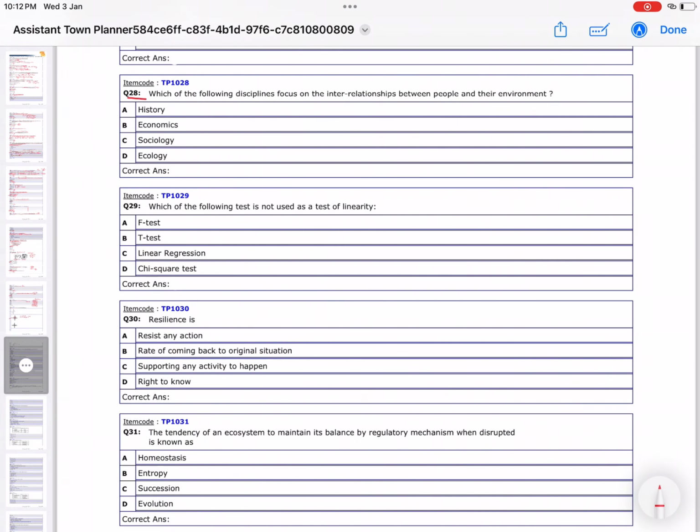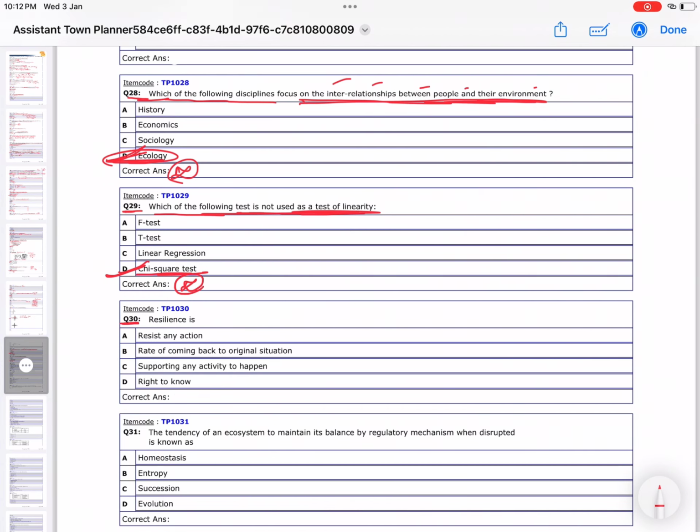Question number 28. Which of the following disciplines focuses on the interrelationship between people and their environment? The interrelationship between people and their environment is shown by ecology. Question number 29. Which of the following tests is not used as a test of linearity? The chi-square test is not used as a test of linearity.